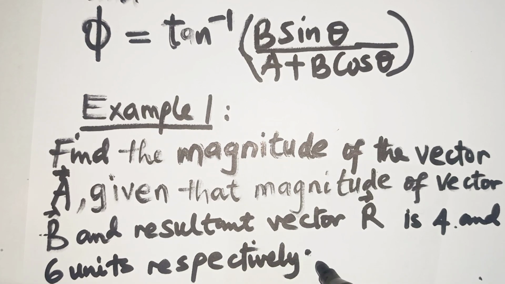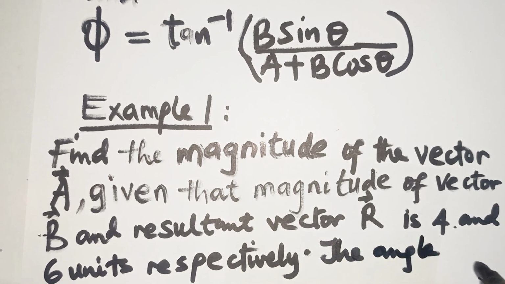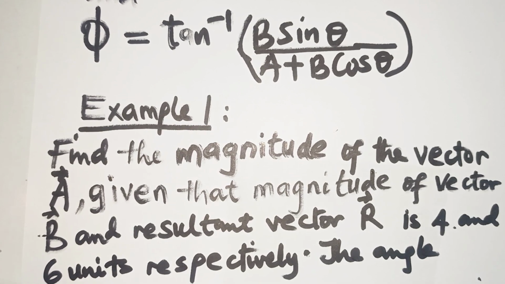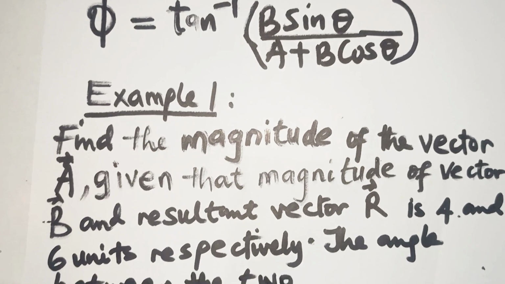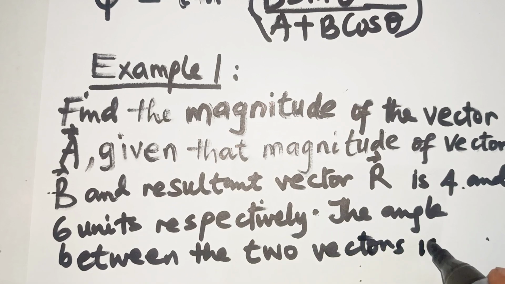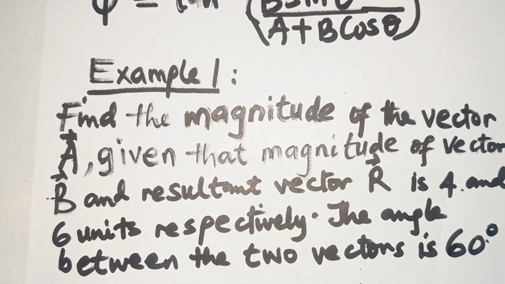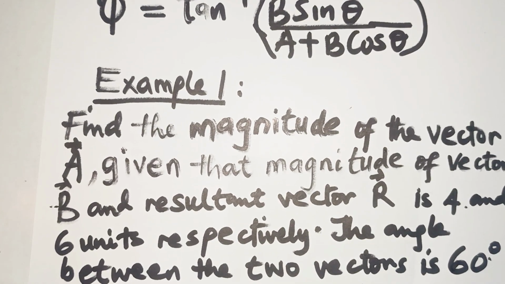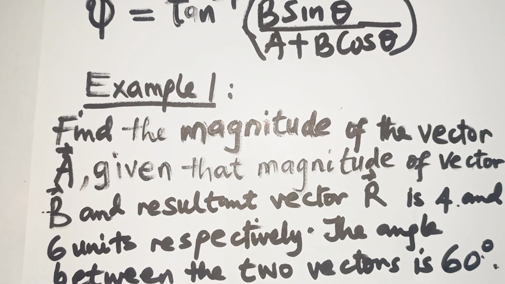The angle between the two vectors is 60 degrees. So this is the problem that we will solve.